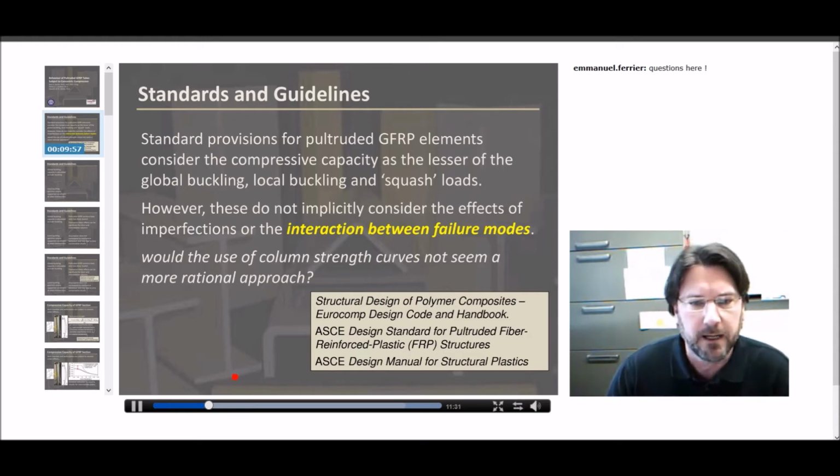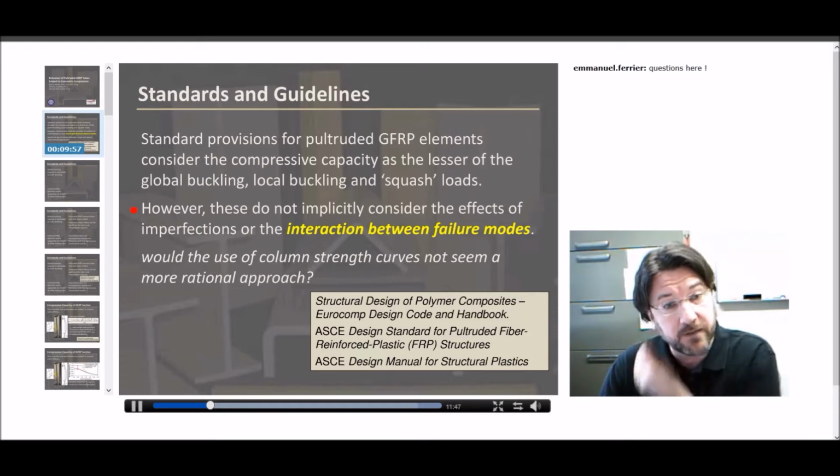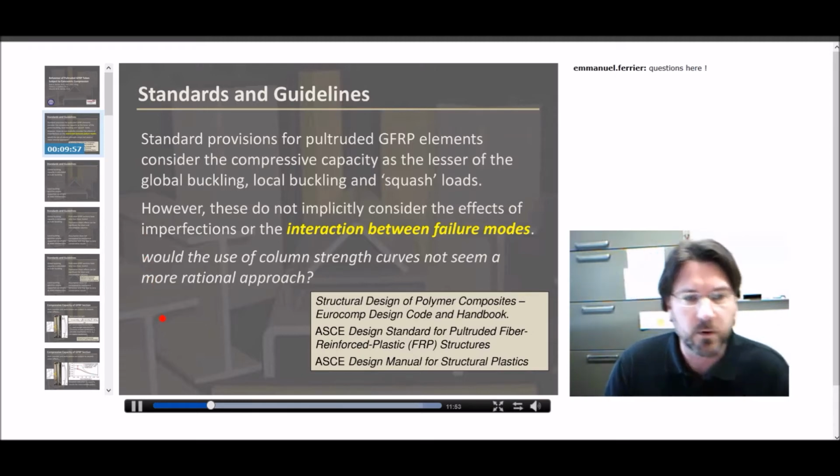This works very well when we talk about isotropic materials like steel, but it ignores the issues associated with interaction between failure modes. In particular, the interaction between global and local buckling, which becomes more significant when we talk about orthotropic materials such as FRPs.